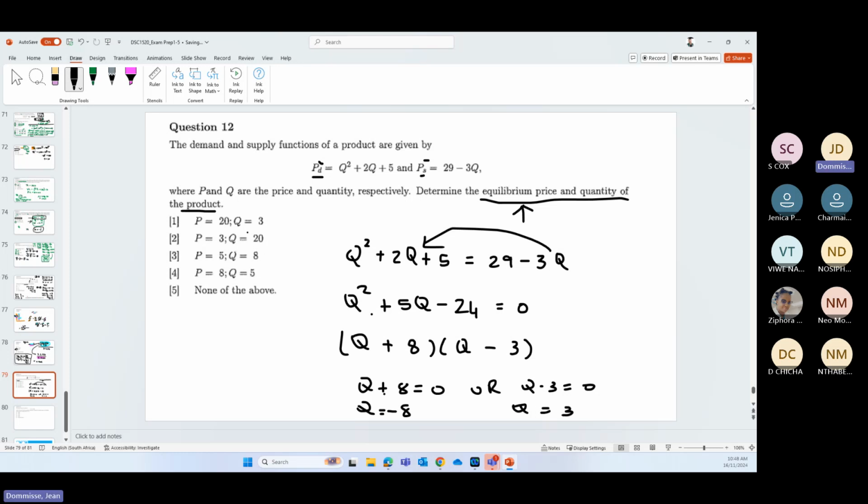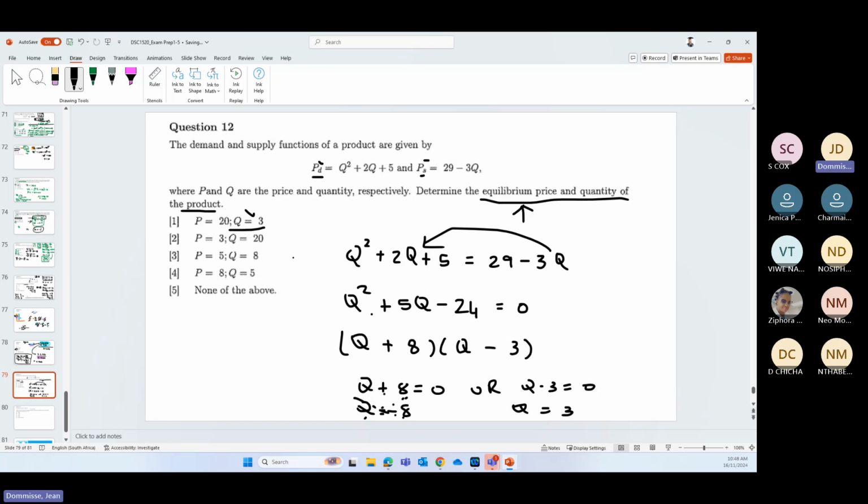Okay, so let's look. Q is 3, correct. We can't produce negative products. Okay, so you can't have minus 8 chairs that you produce. So you can't have a negative quantity because you can't produce negative.